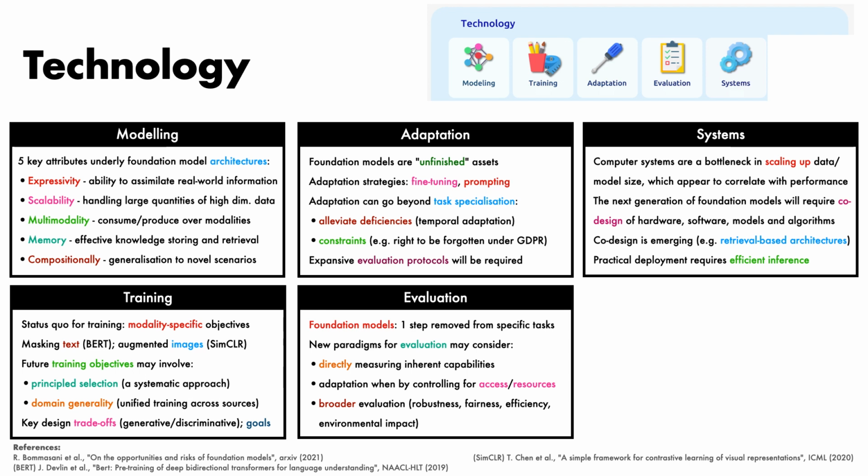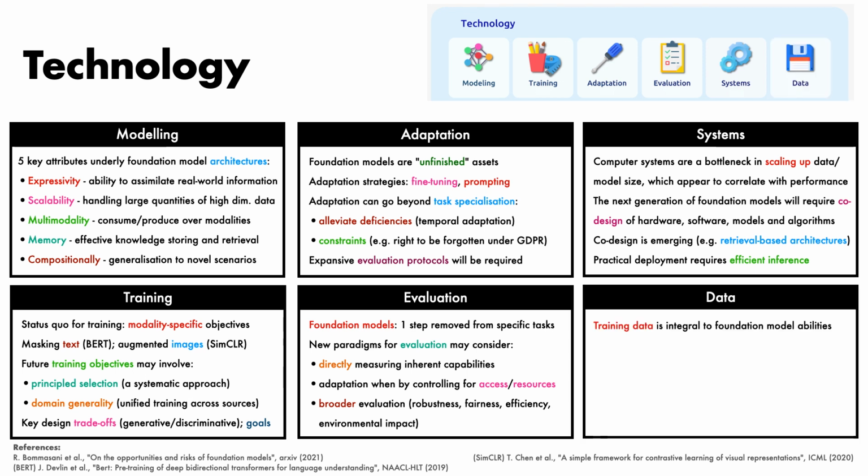Training data is absolutely integral to the abilities acquired by foundation models. This idea of the criticality of data has been emphasized in many places, such as in the movement for data-centric AI, which argues for recognizing the importance of carefully managing and documenting training data.